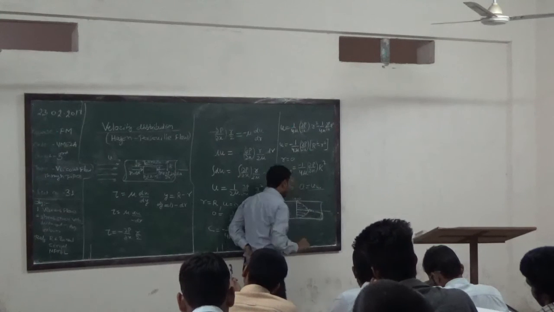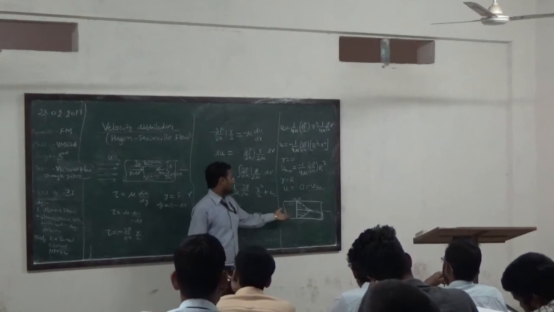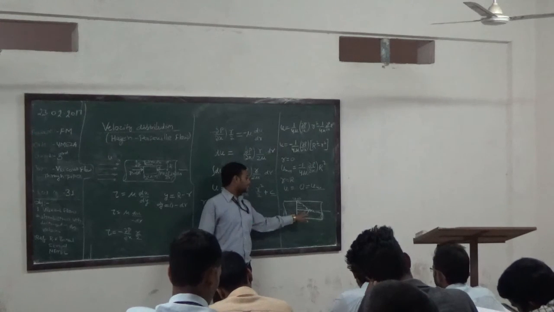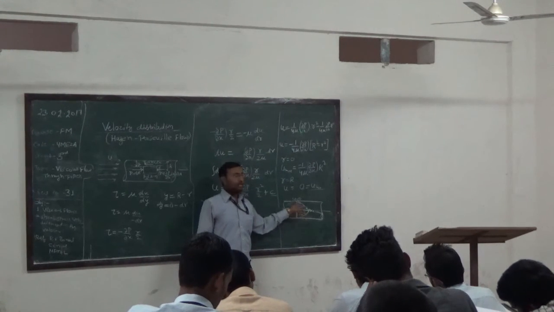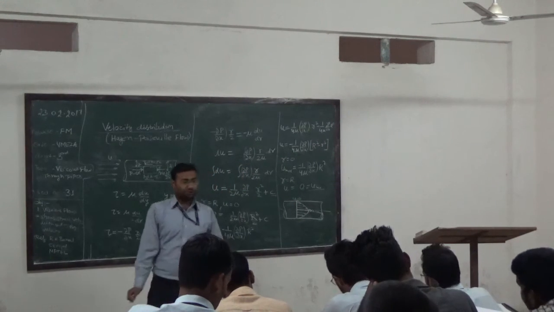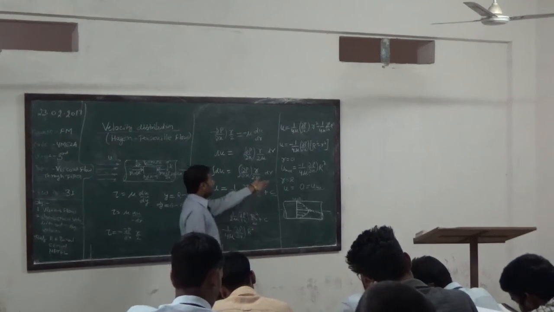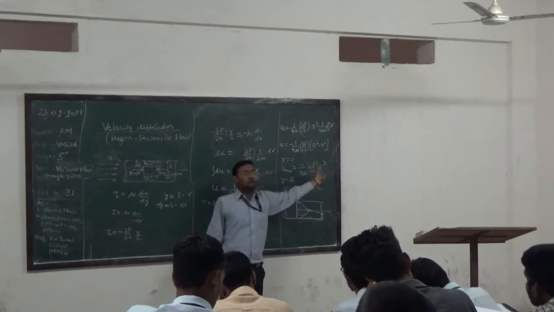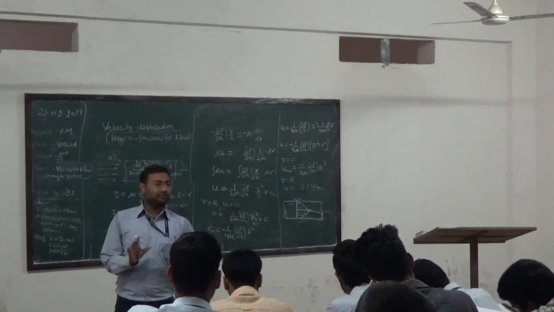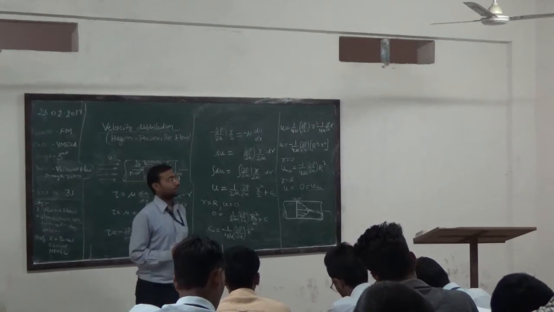If you draw the velocity distribution, it will come in this way. This is parabolic in nature. The center has the maximum velocity and the surface has 0 velocity. This is the velocity distribution, and velocity is proportional to the square of radius. That's why the nature of this distribution will be parabolic.